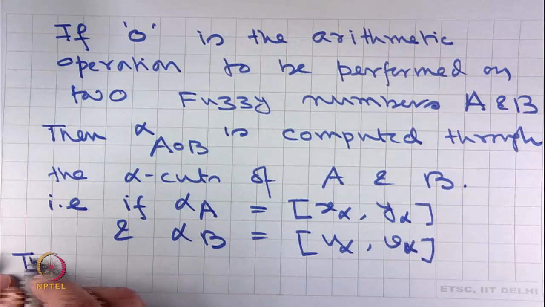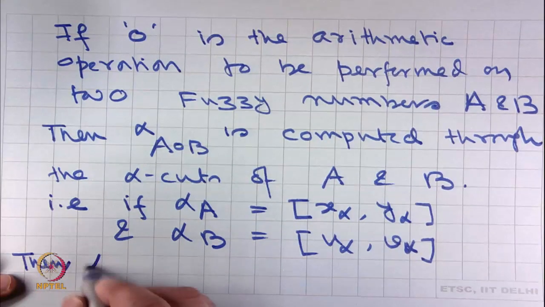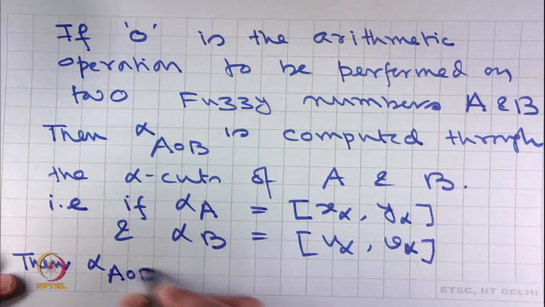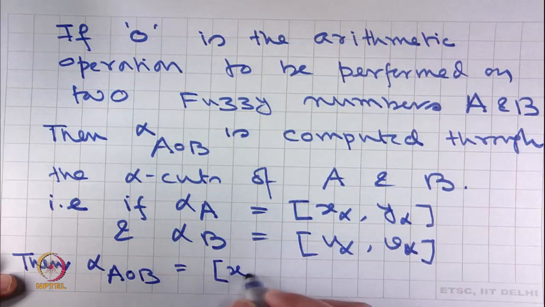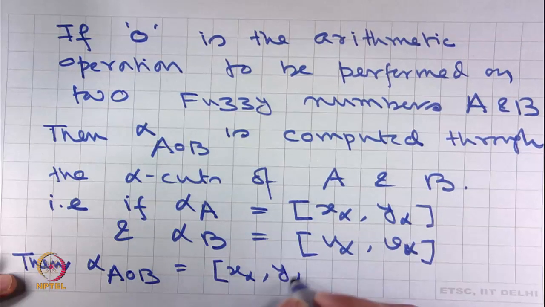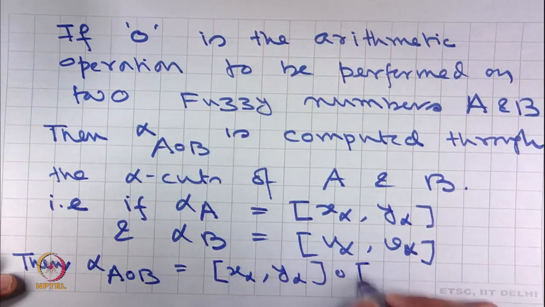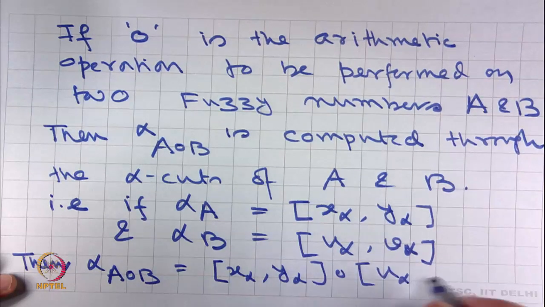Then the alpha cut of A O B is computed through the interval operation on [x alpha, y alpha] and the interval [u alpha, v alpha].